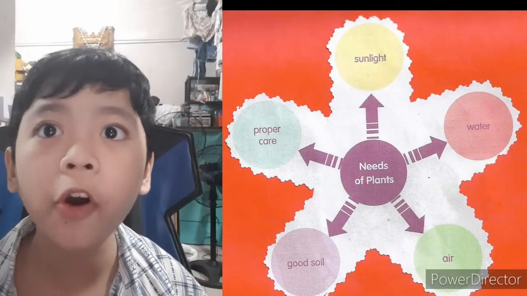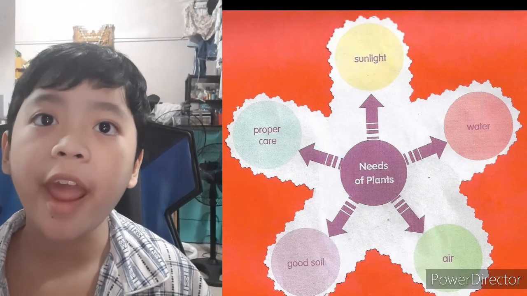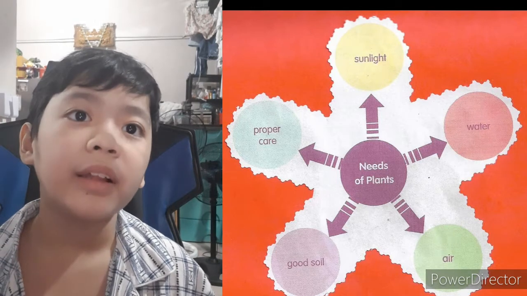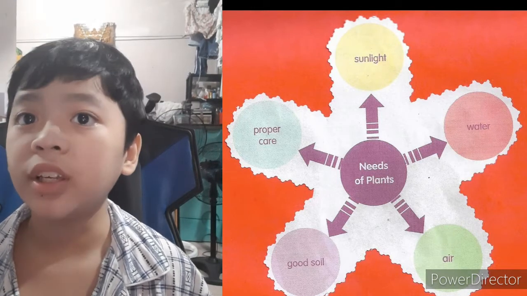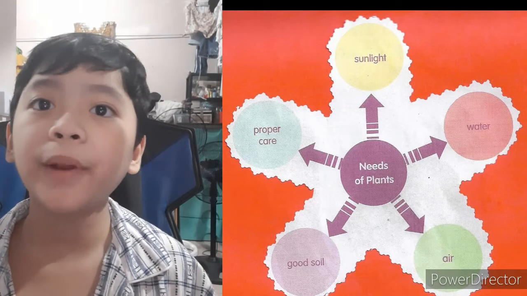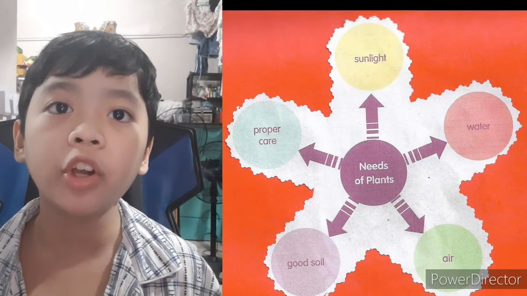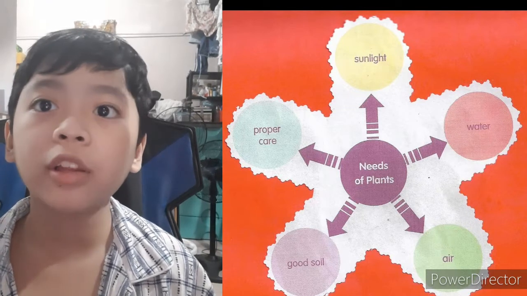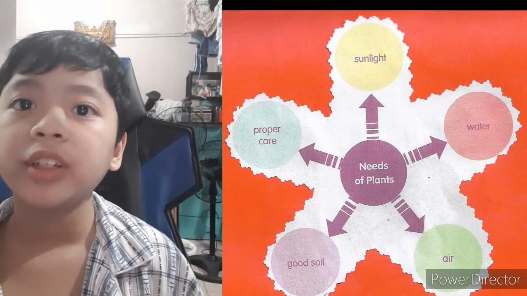Air and good soil. Plants need air. They get carbon dioxide that they need for photosynthesis from the air. Plants also need good soil from which plants get water and nutrients.